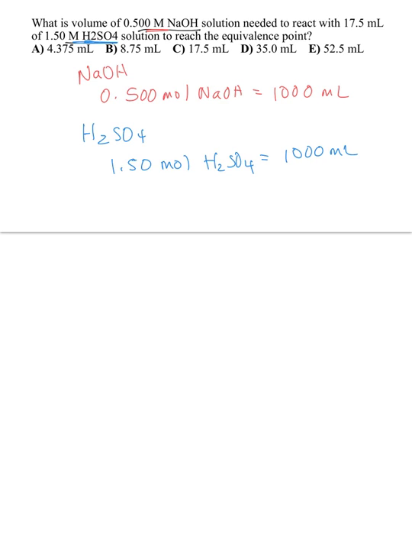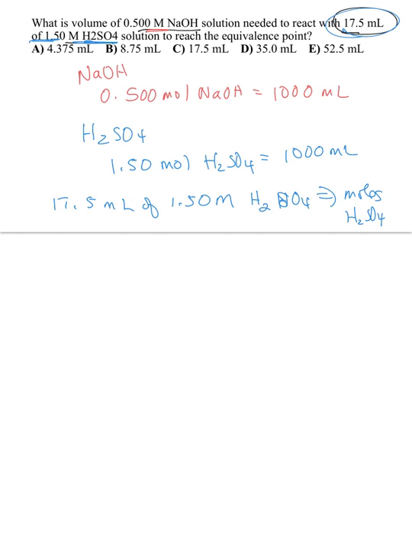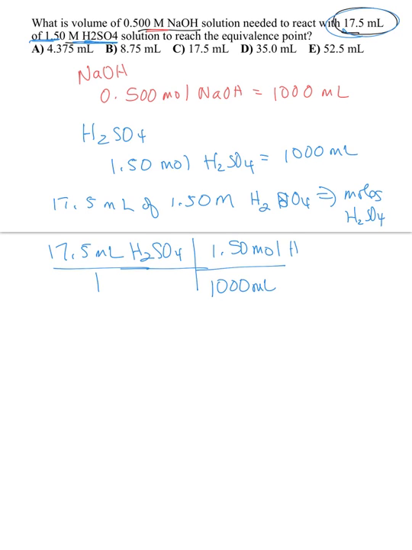Now, when you're given a volume, so here you have 17.5 milliliters of 1.50 molarity H2SO4, that is essentially telling you the moles of H2SO4, because we can just basically use 17.5 milliliters of H2SO4 solution, and for 1,000 milliliters we have 1.50 mole of H2SO4.